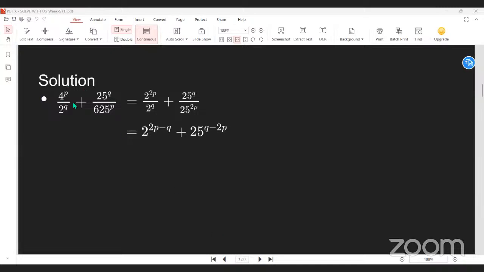Most of you can see that 4 to the power p upon 2 to the power q can be written as 2 to the power 2p upon 2 to the power q, right? Now since the base is the same and it is division, we will subtract the exponents. So we get 2 to the power 2p minus q.